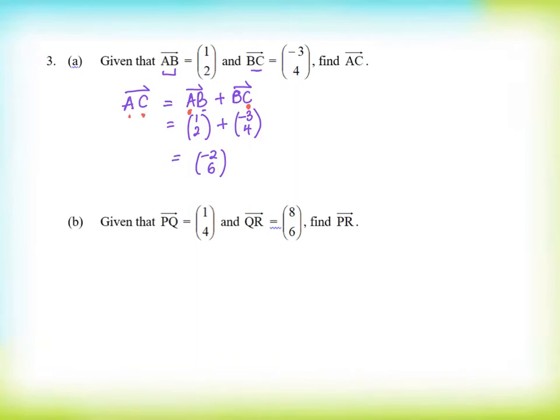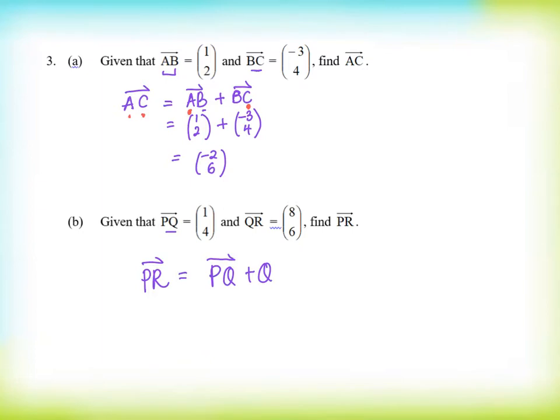Okay. Next one, part B. To travel from P to Q is 1, 4. Q to R is 8, 6. They asked me to find the vector PR. That means I'm going to start at the location P. Where can I travel to? My information gives me that P can travel to Q. Now, starting from Q, I'm going to continue my journey.